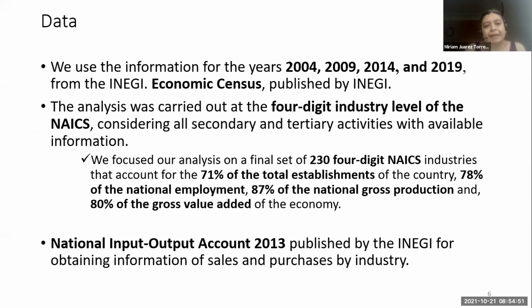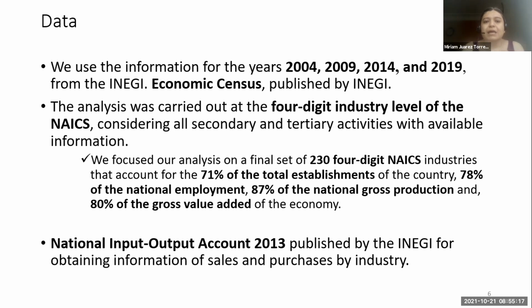So for the data that we use, we have mainly 3 types of data. It's important to say that this cluster configuration is basically based on the economic census 2019, which is the latest one. But we also use, for other purposes, the economic censuses of 2004, 2009, and 2014.